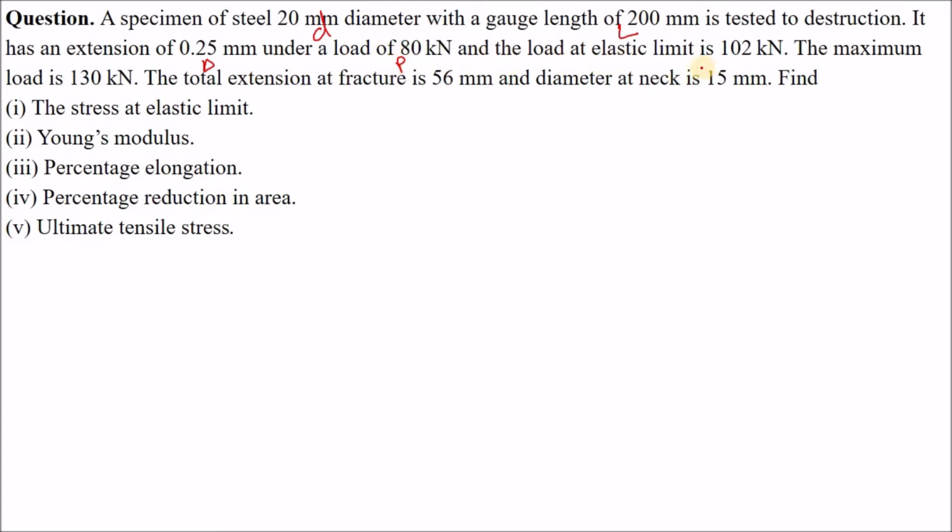At elastic limit, the load P at elastic limit is 102 kN. The maximum load is the ultimate load, P ultimate, which is 130 kN. The total extension at fracture, del max, is 56 mm.